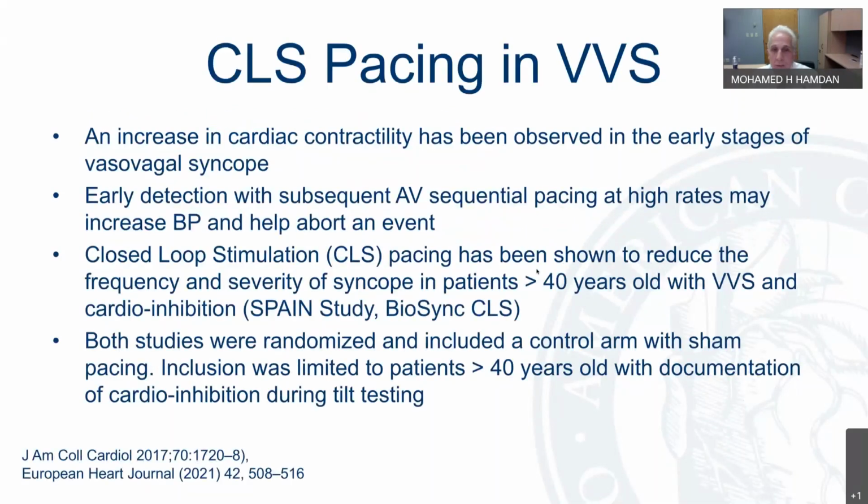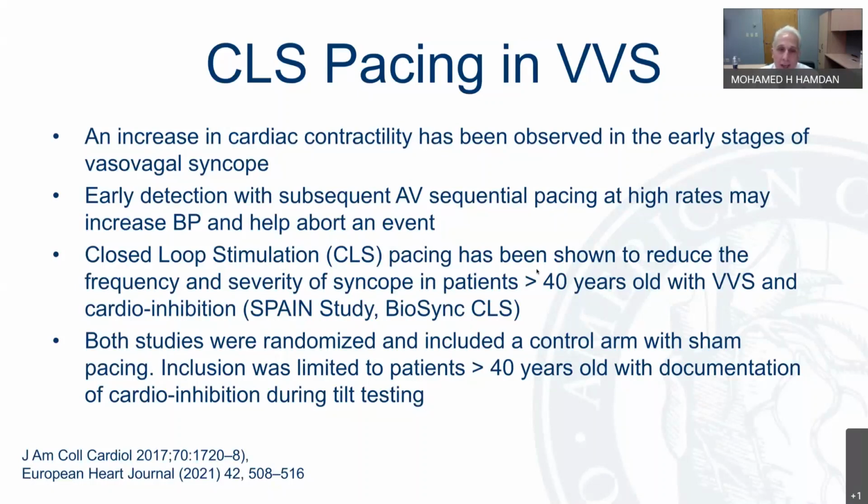Closed loop stimulation pacing has recently emerged as an effective therapy in patients with vasovagal syncope. As you all know, in the early stages of vasovagal events, there's a high catecholamine state and patients have increased cardiac contractility.